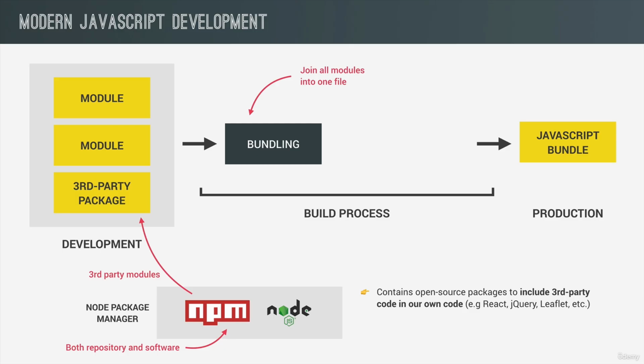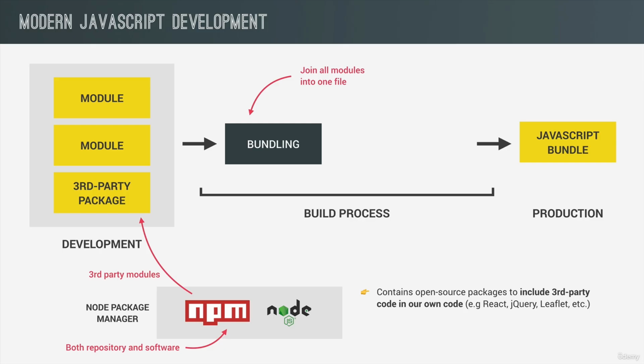Now, this step is super important for 2 big reasons. First, older browsers don't support modules at all, and so code that's in a module could not be executed by any older browser. And second, it's also better for performance to send less files to the browser, and it's also beneficial that the bundling step compresses our code.